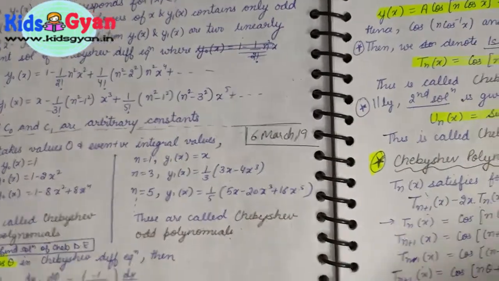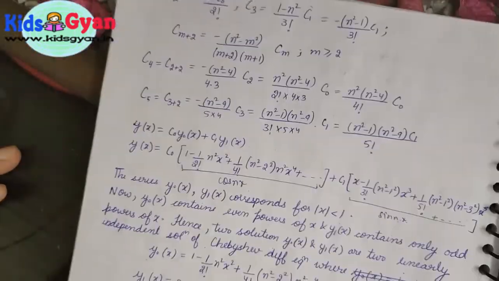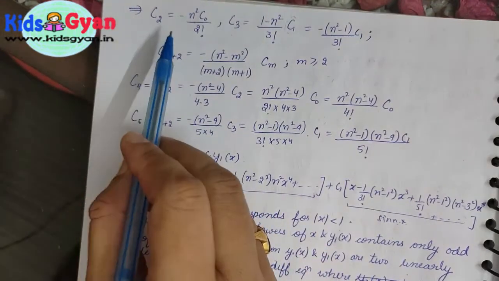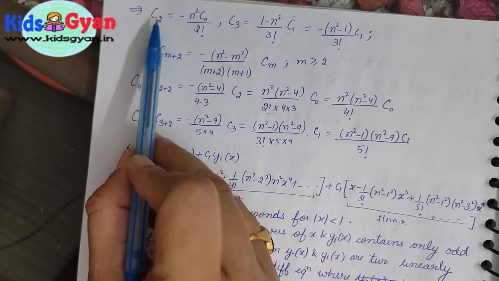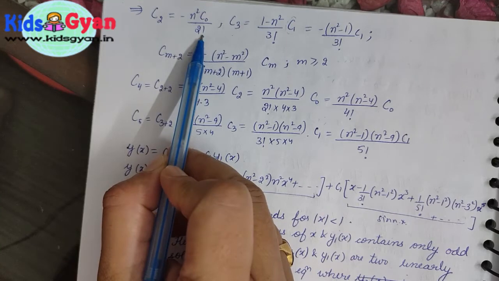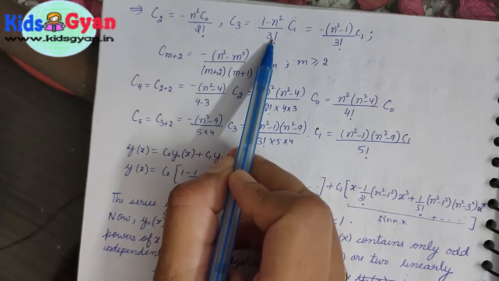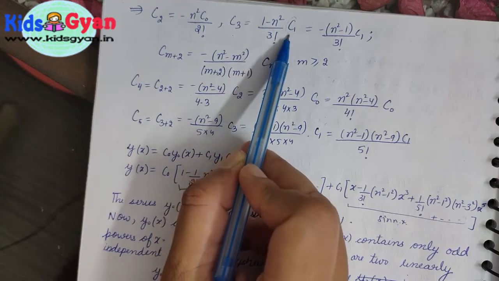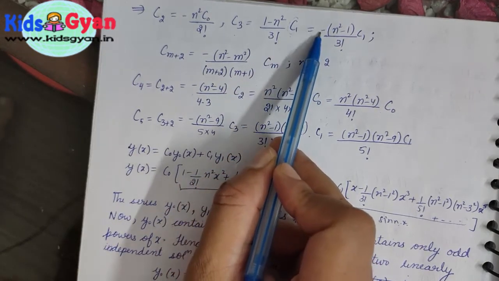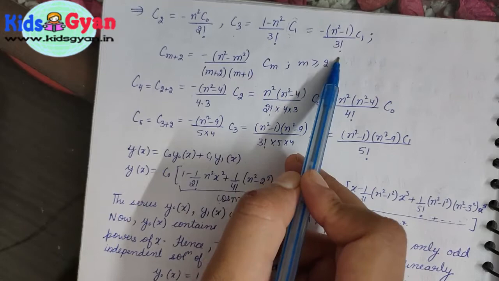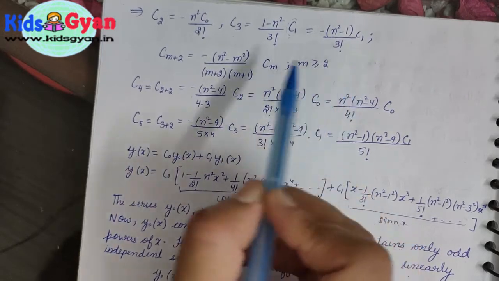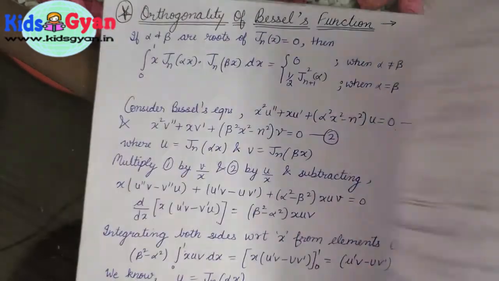So what do we get? If we solve this, we get c2 is minus n² c0 upon factorial 2. c3 is equal to (1 − n²) divided by factorial 3 times c1, or we can say minus (n² − 1) divided by factorial 3 c1.